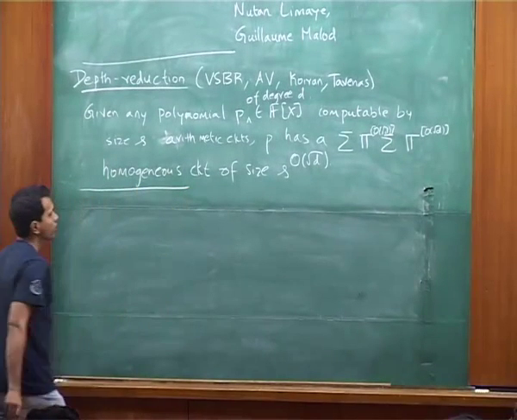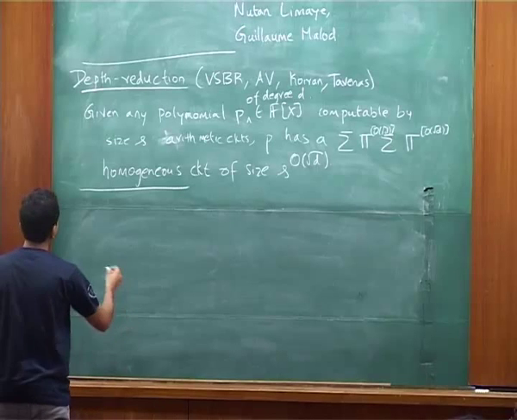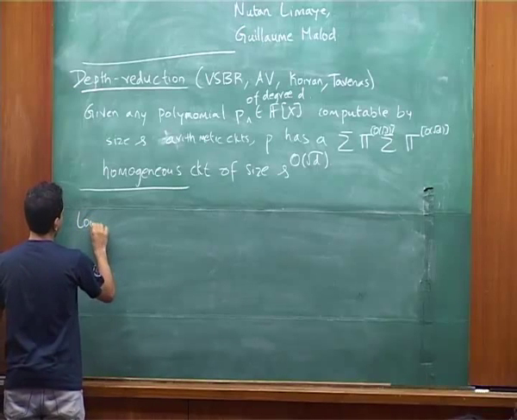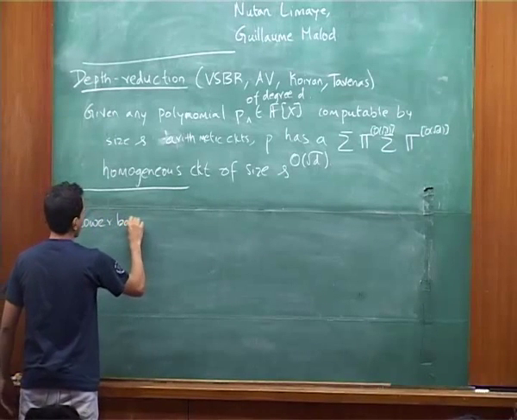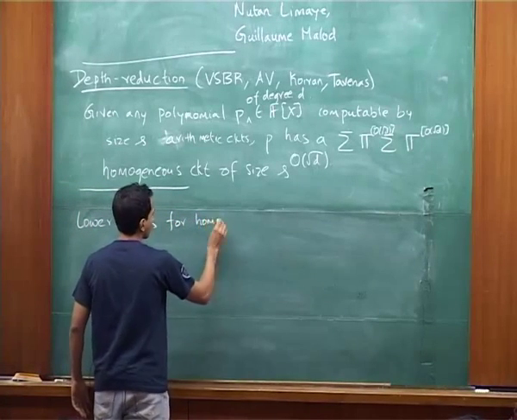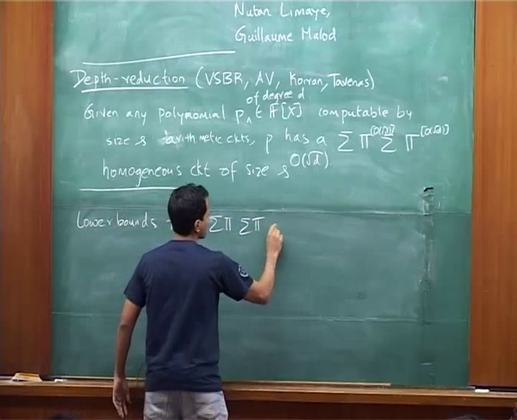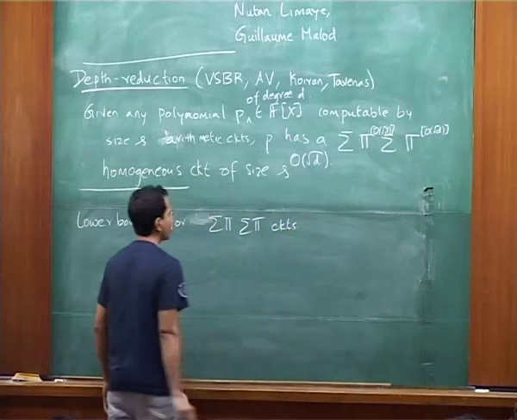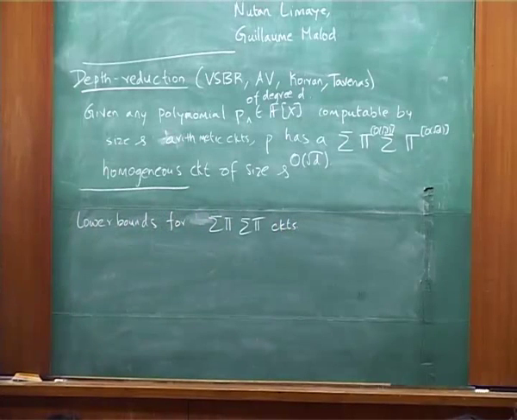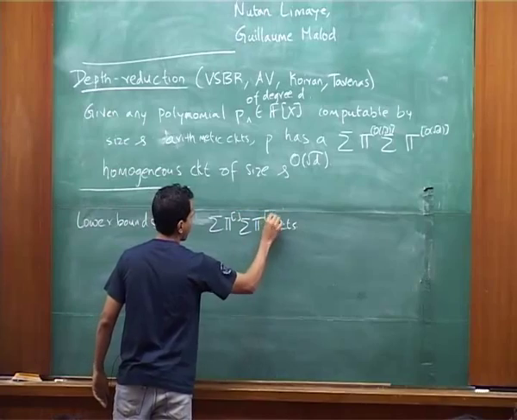And so this is a very nice line of work, but what makes it more exciting is that now we have lower bounds for these kinds of sigma pi circuits. Of course it's unstated here, but we have the right fan-ins.